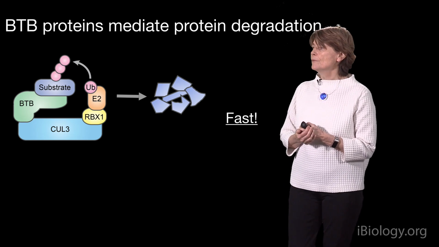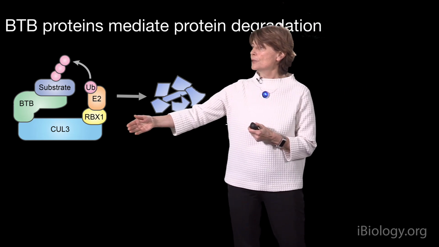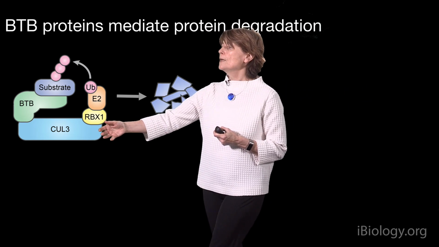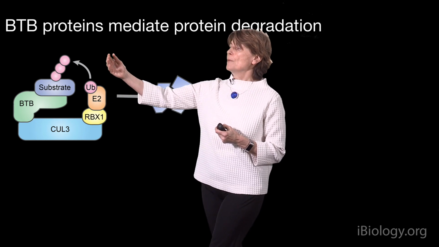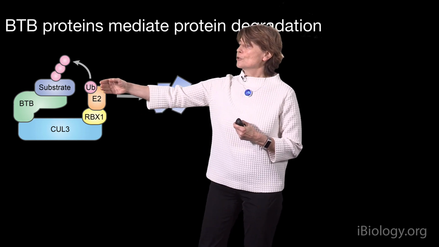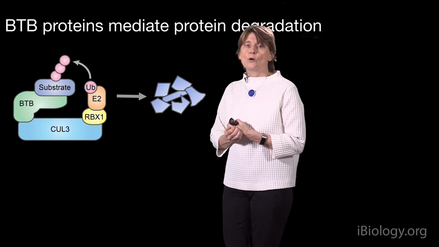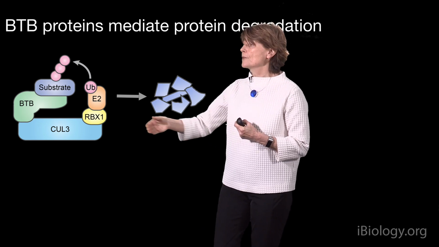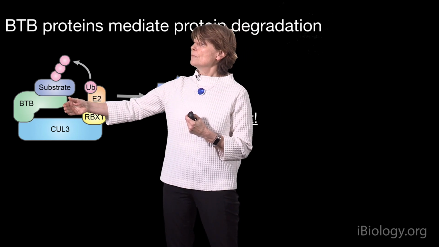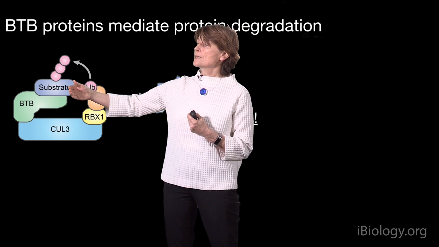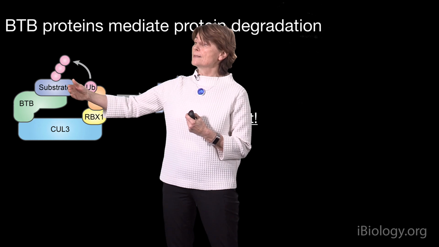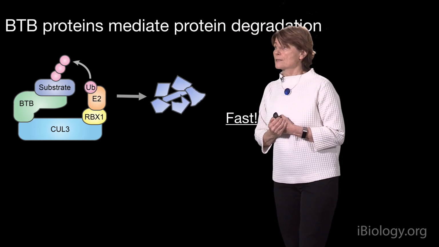This is one type of cullin complex where a BTB domain protein interacts with cullin 3, and then cullin 3 brings ubiquitin to a substrate, and that can then lead to the degradation or the labeling and marking of that substrate. And the BTB domain protein, in this case, acts as an adapter for that substrate.